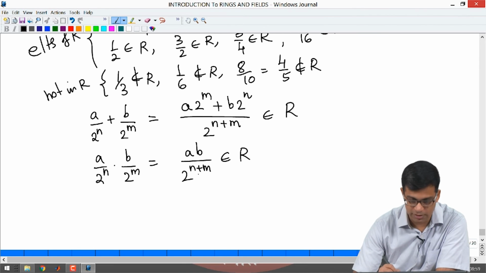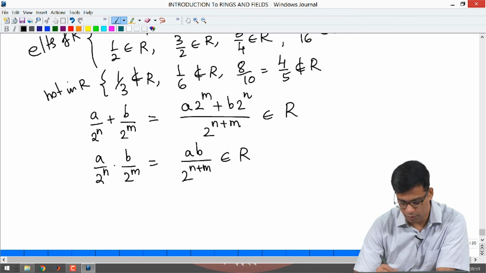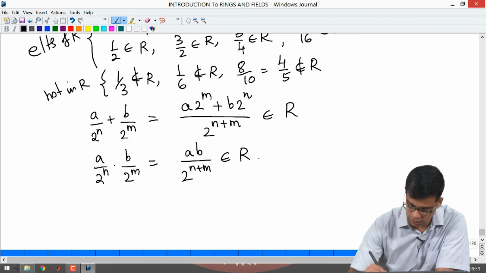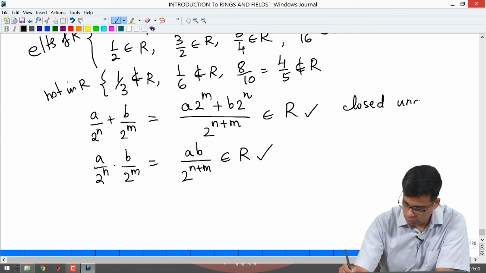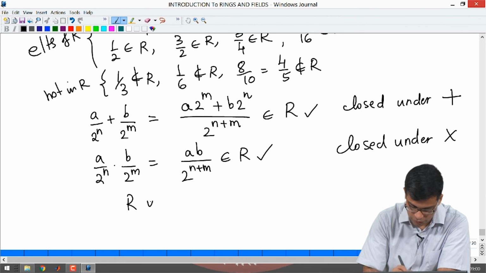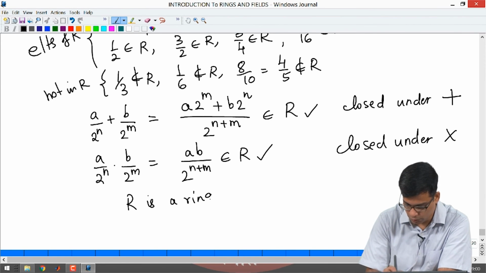The denominator is a power of 2, and even if you had to cancel, what remains will be a power of 2. So, this is in R. So, this is closed under addition, closed under multiplication. So, R is a ring. I will leave the verification for you. R is a ring.